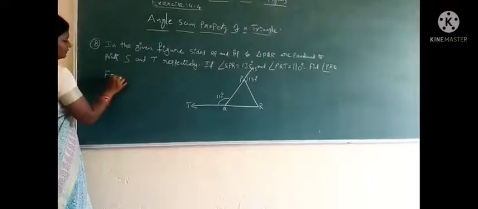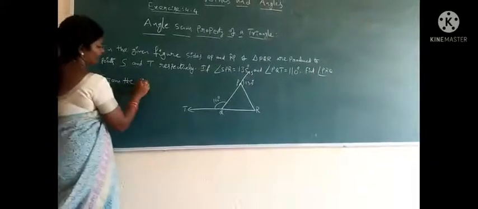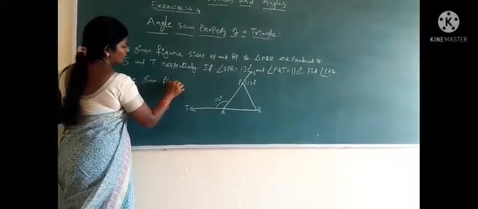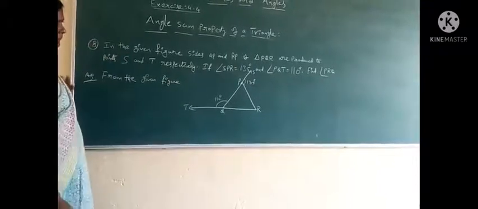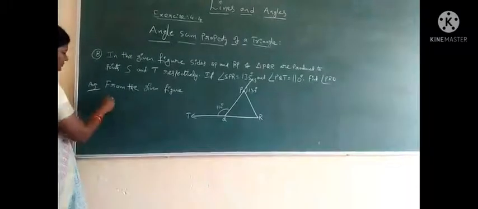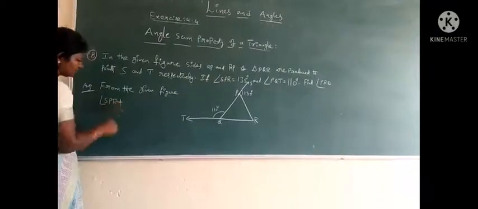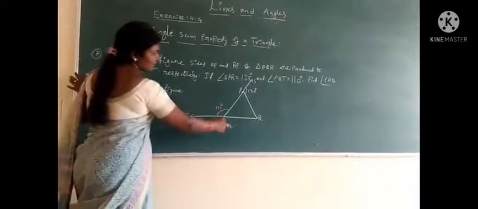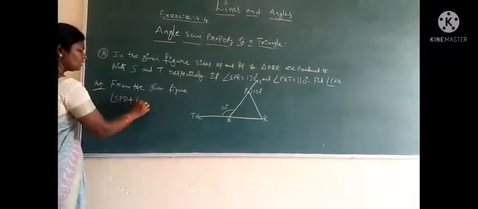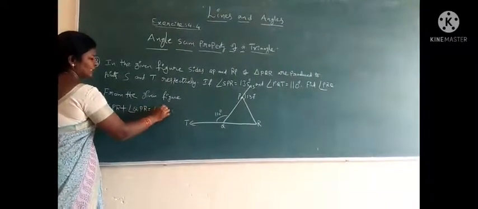So, from the given figure, angle SPR plus angle QPR is equal to 180 degrees.